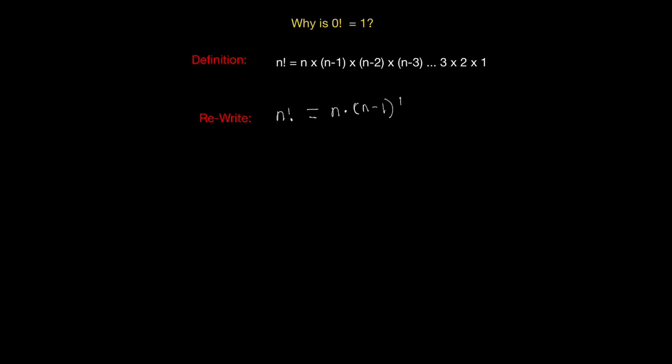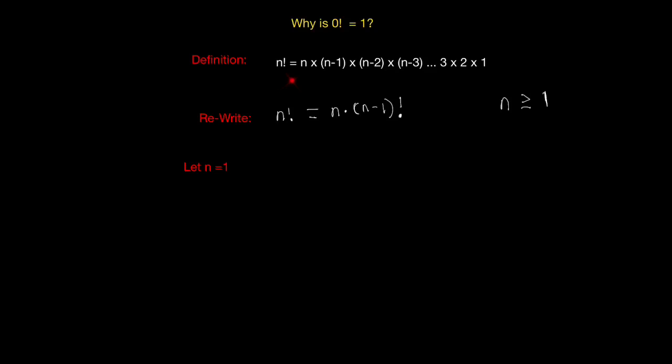So n times (n minus 1) factorial. I reduced the expansion by just emphasizing it on n minus 1. So this is true. This is a different version of the definition that I introduced.